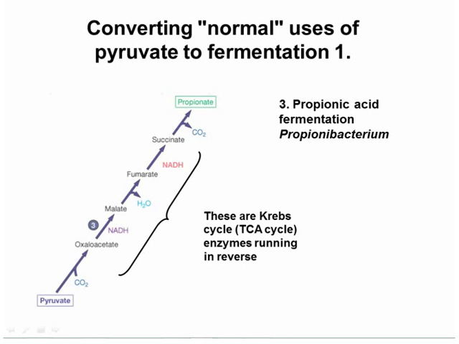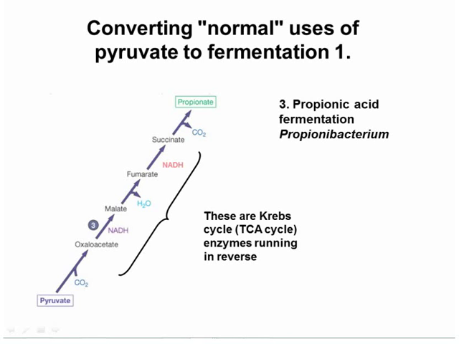So instead of this cycle going around like this, going around this way. Once again, the starting compound is pyruvate, going to be carboxylated, and then these Krebs cycle enzymes are going to run it all the way to succinate, and this will use up 2 molecules of NADH.